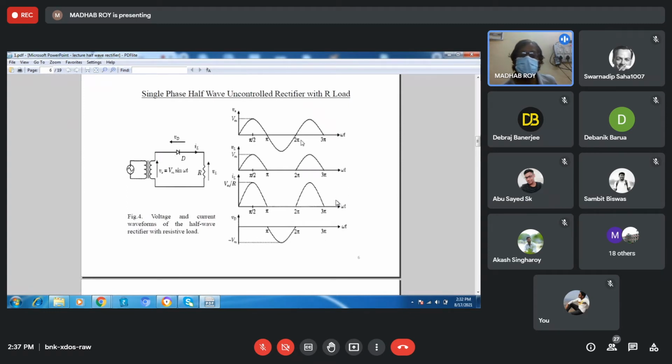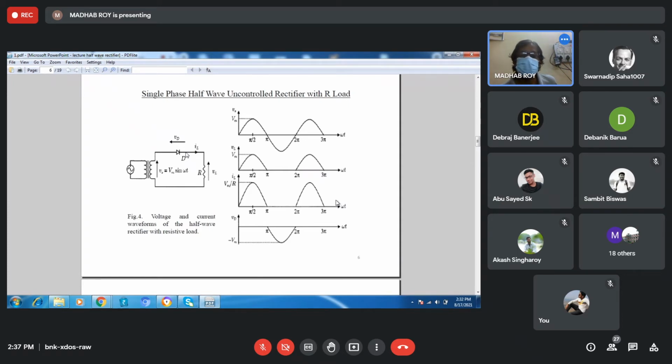But as soon as we go from pi to 2 pi, the polarity gets reversed. So the diode is now under reverse voltage. That means the negative voltage is applied to this side and the positive voltage to the arrowhead side.